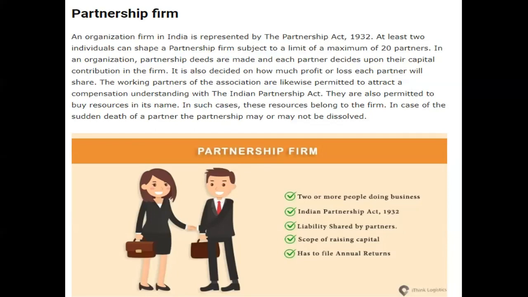And if the partnership firm is carrying out business in the banking sector, then the maximum number of partners that can join the firm is 10. So for banking, the maximum number of partners is 10, and for any other type of business, the maximum number of partners is 20.